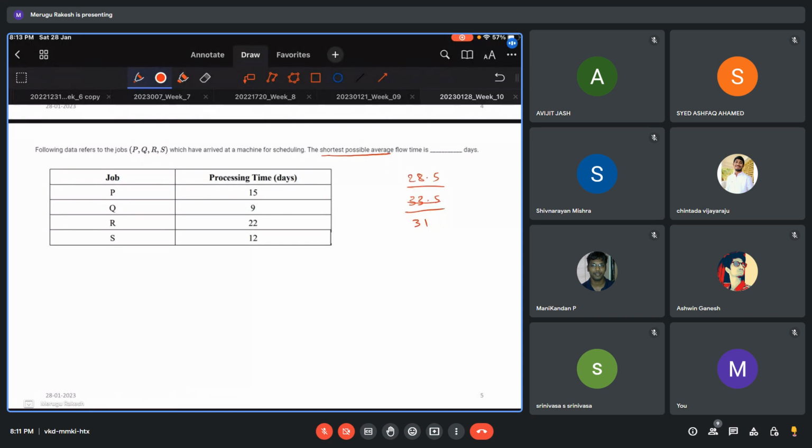Okay, let us solve. We have P, Q, R, S, but we have to arrange them for the shortest possible average flow time. Which will give the shortest possible average flow time?